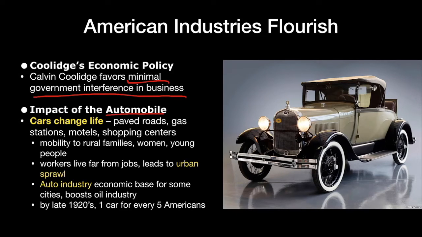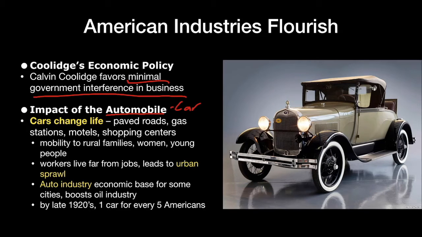The automobile, the car. This becomes a new staple in American life. Okay. Ford had done an amazing job in creating the Model T and creating a car that was available for everybody. And now a bunch of other dealers or companies are coming out and doing the exact same thing.